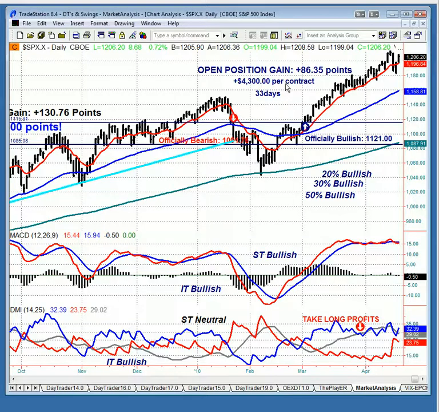So one futures contract, that's $4,300 in gains had you bought on our recommendation to go bullish at over 1120. So at 1121, we're going back to bullish. That's a break of this swing high right here, 1121 bullish. You're certainly sitting on over $4,000 in gains, compliments of just watching your free market analysis and trading video.